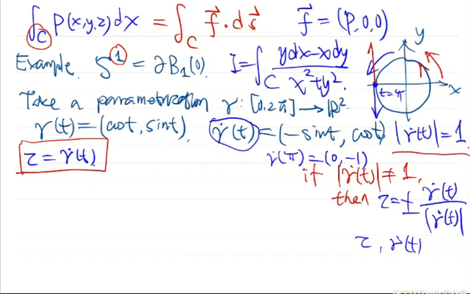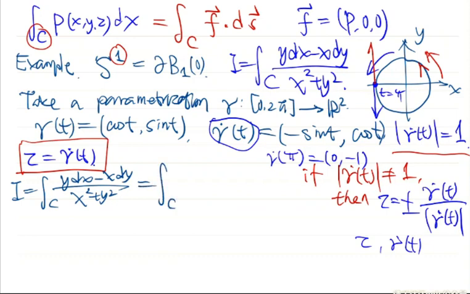So the computation goes as follows. Our integral, (y dx minus x dy) over (x squared plus y squared). The meaning of this integral is the flow integral. The vector field is (y over x squared plus y squared, minus x over x squared plus y squared) dot (dx, dy).